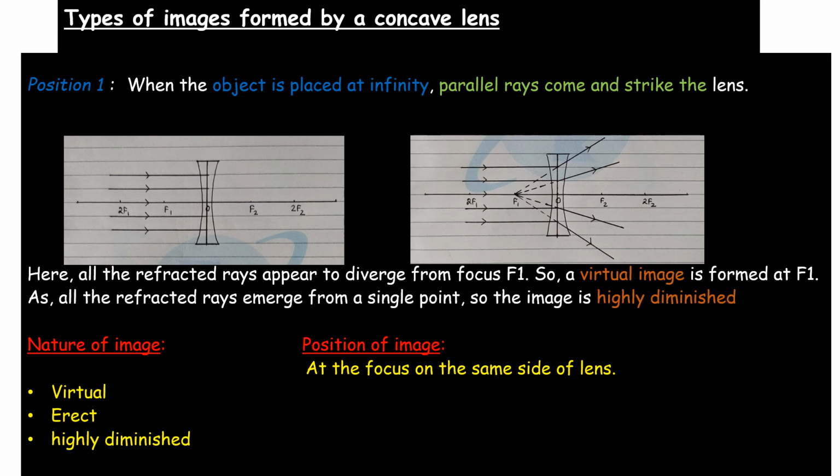So you will be getting a virtual image, and since they are appearing to come out from a point, the image will be highly diminished. So here the nature is virtual, erect and highly diminished. Position of the image is at the focus on the same side of the lens from where the incident rays are coming.